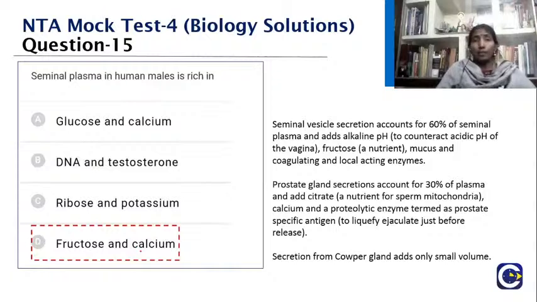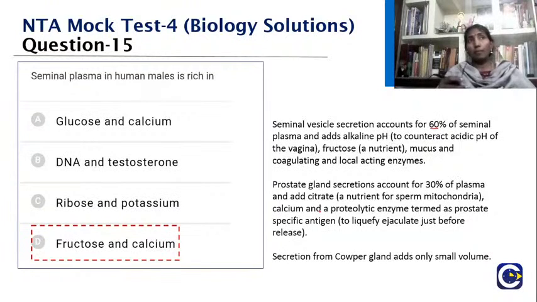The seminal vesicles secrete around 60% of the seminal plasma. It is more alkaline, mainly to counter that pH, which I already said. It has a main nutrient called fructose, and other mucus and coagulating enzymes. The prostate gland secretes 30%, which has citrate, a nutrient for sperm mitochondria, and calcium and various proteolytic enzymes, termed prostate specific antigen.